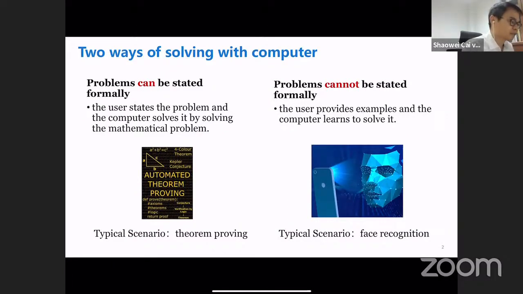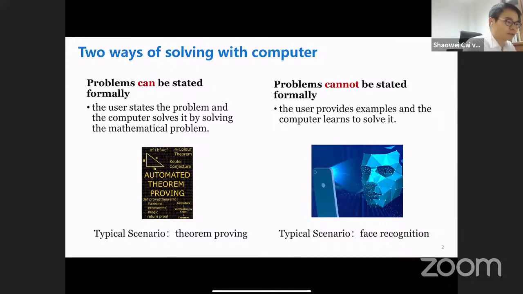One way is that when we face problems which can be stated formally, we state the problems using some mathematical languages, and then we develop efficient algorithms to tackle them. A typical scenario is theorem proving. On the other side, we have more and more learning algorithms coming out.